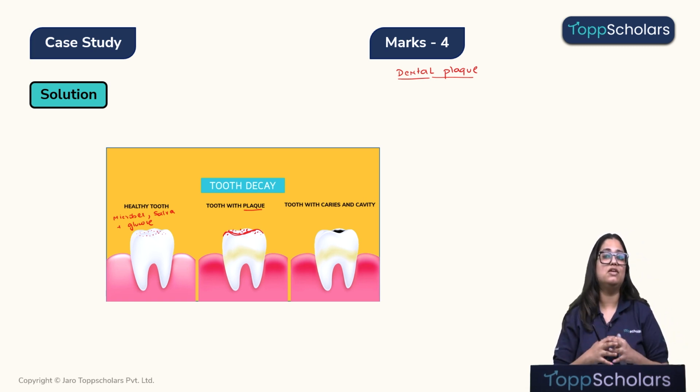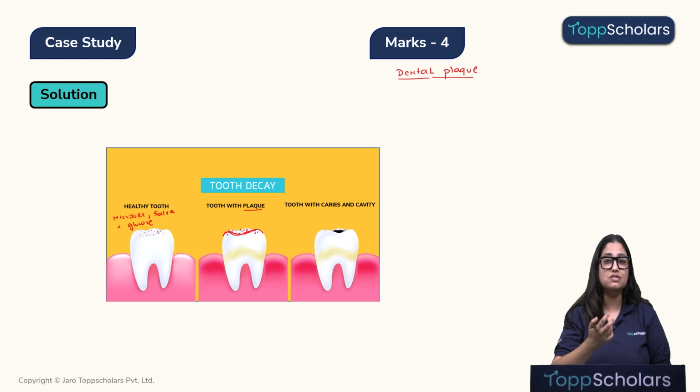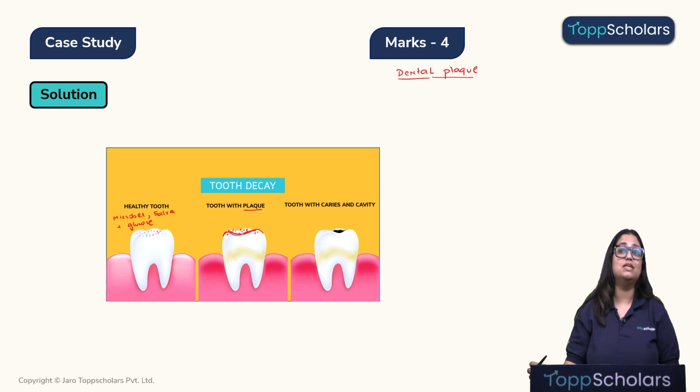Enamel is a protective layer of the teeth, because just below this thick layer of enamel, we have several nerves, we have the root canal, and we have lots of blood vessels and other significant structures of the teeth. So when this enamel becomes thin on dissolution, as it comes in contact with the acid, you are exposing your teeth to further injury. You are exposing your teeth to root canal and pain.